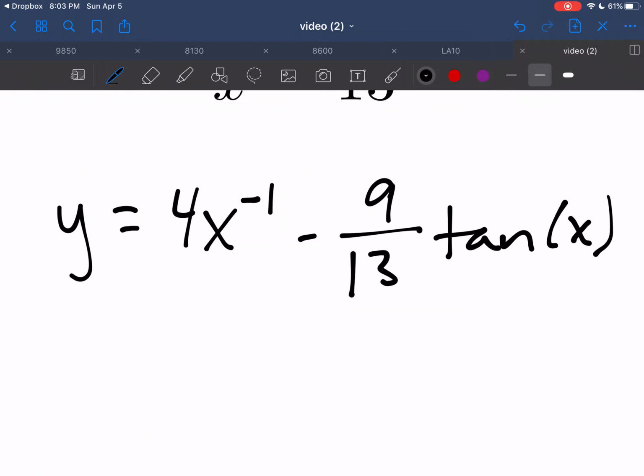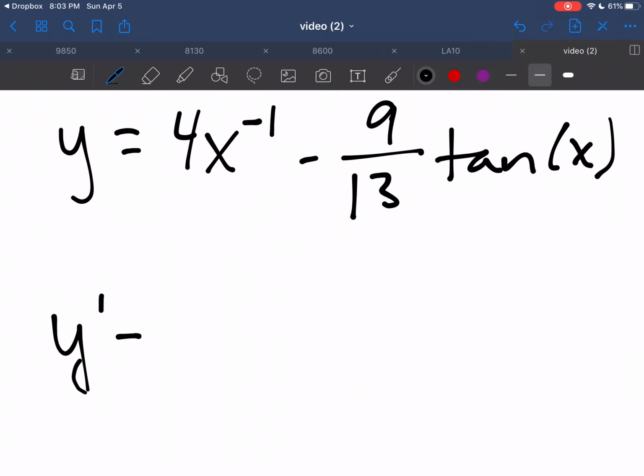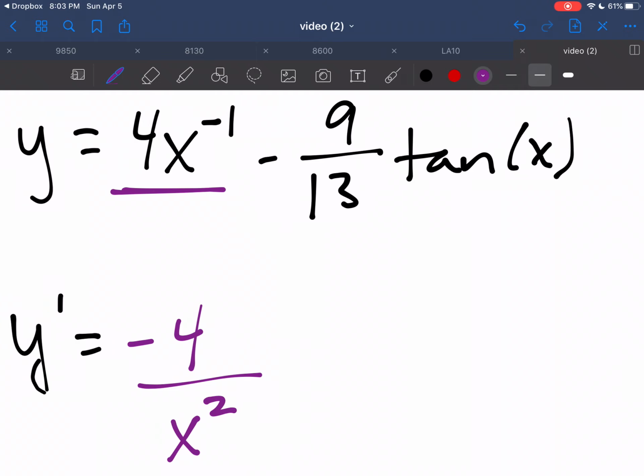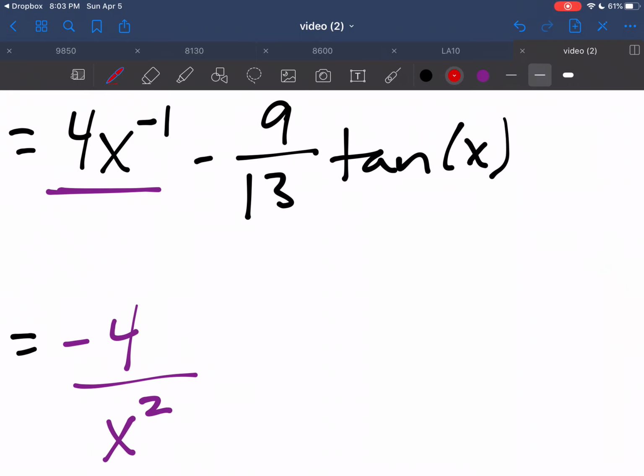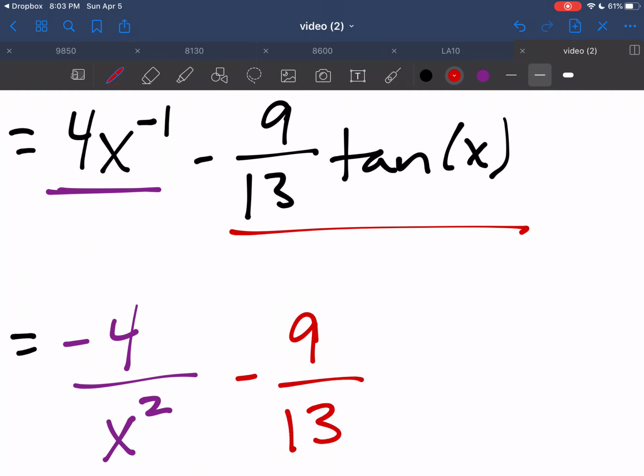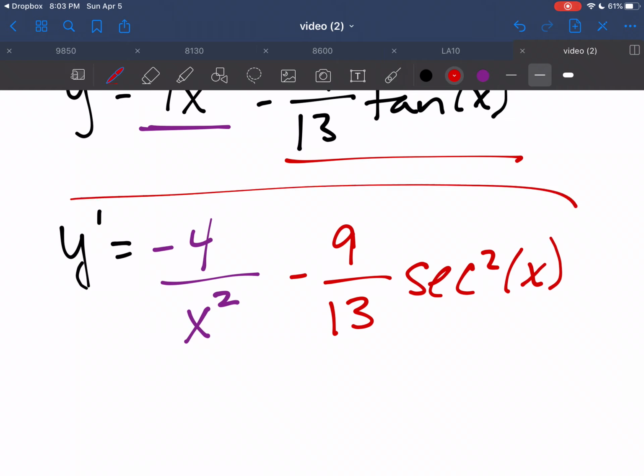Now we can take our derivative, and we'll use the power rule for the first part, so it becomes negative 4 over x squared. Then the second part is minus 9/13, because that's just a constant, and we know the derivative of tangent is secant squared. So there is our y prime.